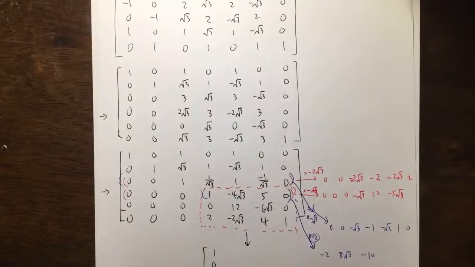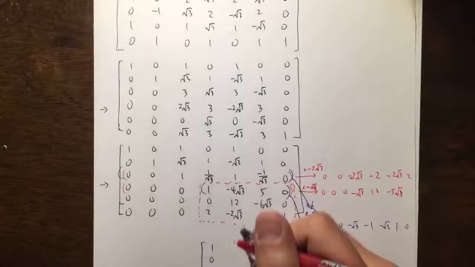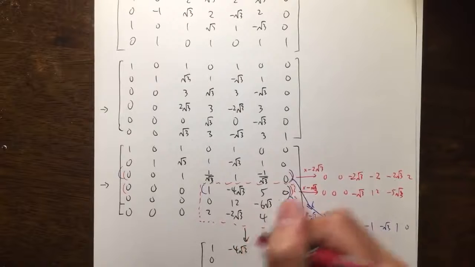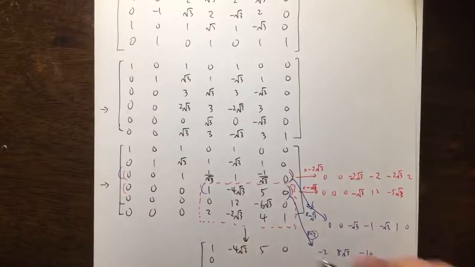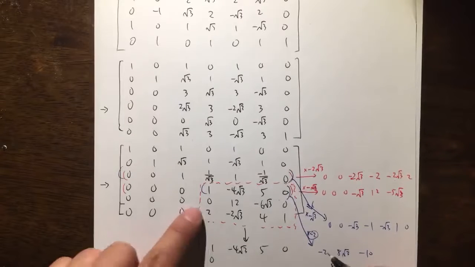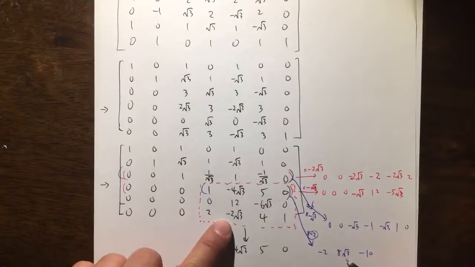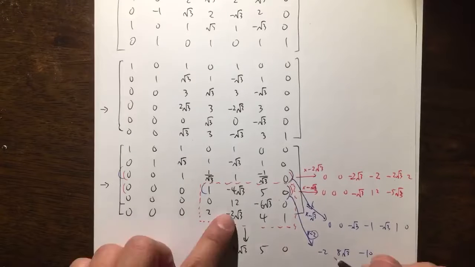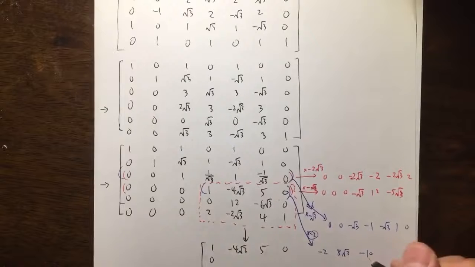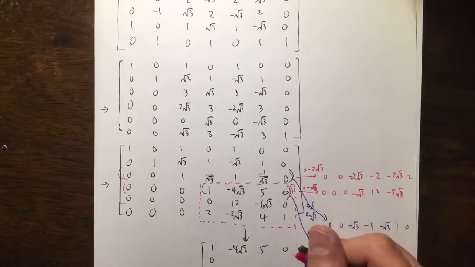Now the first row stays, so we have negative 4 square root of 3, 5, and 0. And I will add this with that, so this is 0. This plus that is going to be 6 square root of 3. And then this plus that is going to be negative 6. And lastly, we have the 1, right?